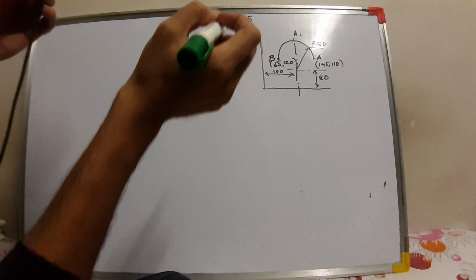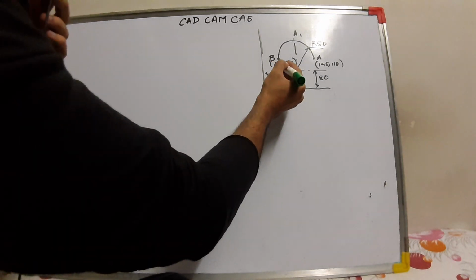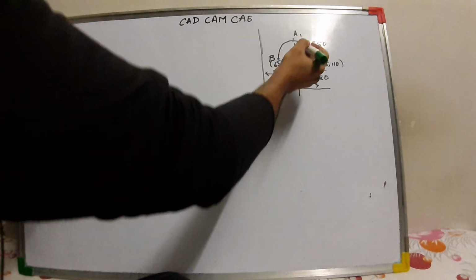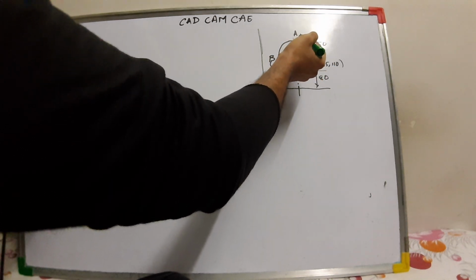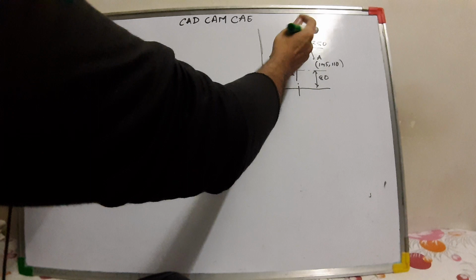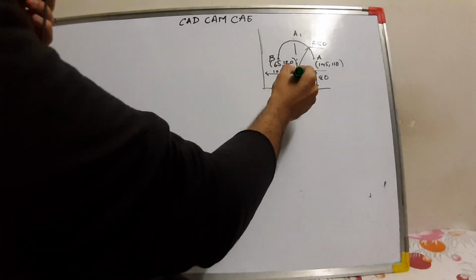Here you can see the coordinates of A are 145 and 110. Similarly, the coordinates of B are 65 and 120. And here you can see A dash, or A1. Take it as A dash. The distance of A dash from the reference is 100.